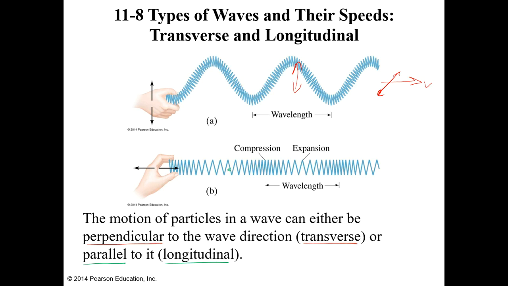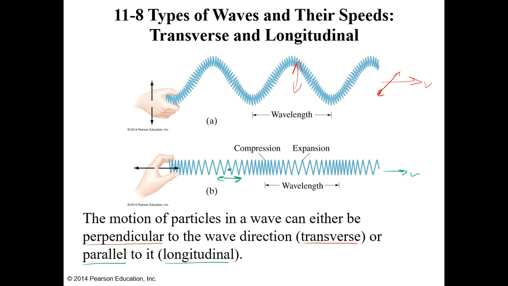Now, if you were to pick any point, this point would just be moving back and forth in this direction. Well, that oscillation would propagate forward like so. So the disturbance is in the same direction as the velocity. So that would be a longitudinal wave, excuse me.